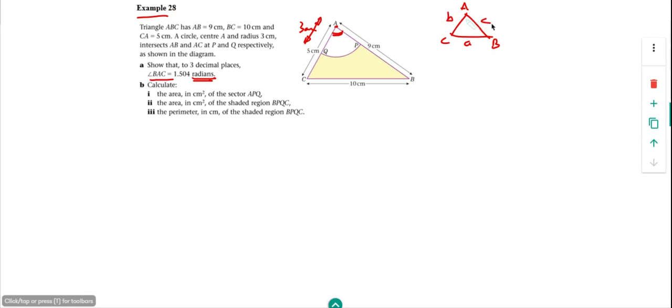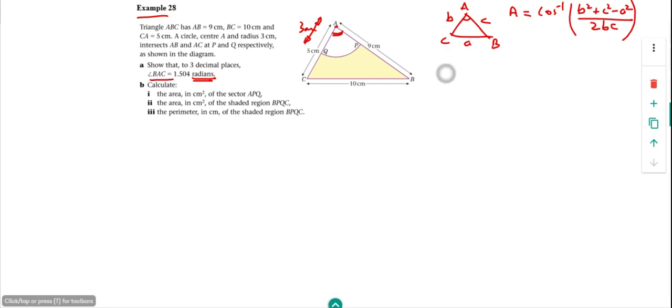If we're looking for the angle at A, we could say that A is equal to cos minus 1 of B squared plus C squared minus A squared, all over 2BC. Happily in this case the letters are the same, but we might have to be a bit careful with that.